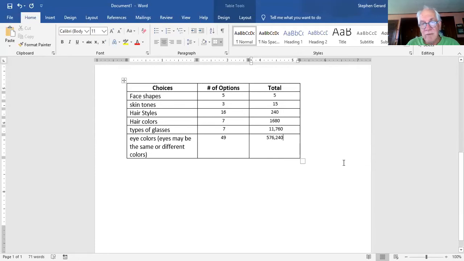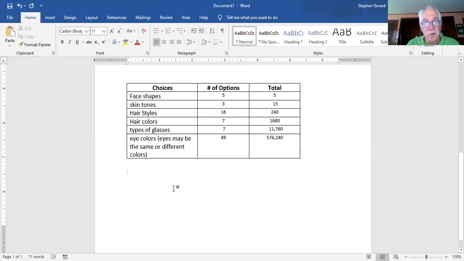So based on that, if I were figuring the probability that the little girl next door brings over her American Girl doll that would be identical to my granddaughter's, it is 1 in 576,240. I'm not going to do that computation, but it's pretty small.